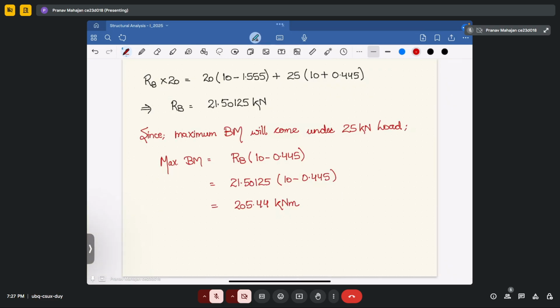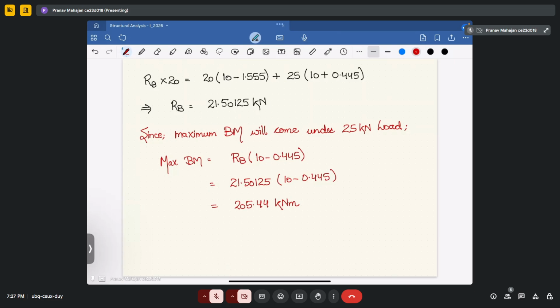We started with the problems related to defining how the influence line diagram under unit load is defined, in which we first saw, if a unit load moves at two different points on the beam, how the shear force diagram looks like. Then we solved some problems related to concentrated load as well as uniformly distributed load, if they are kept at different locations, how the ILD diagram looks like.